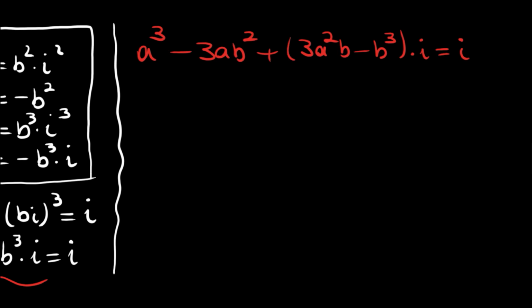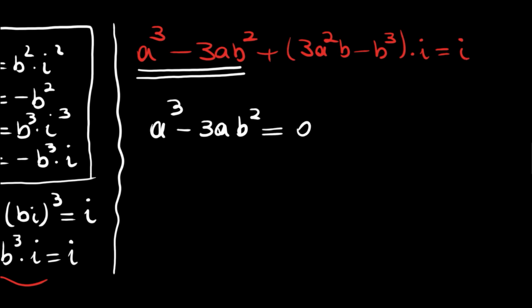Now, my friends, if two complex numbers are equal, then their real parts are equal. Here we have real parts, a cubed minus 3a b squared, is equal to the real part of the right hand side, but here we have no real part, so this is equal to 0.